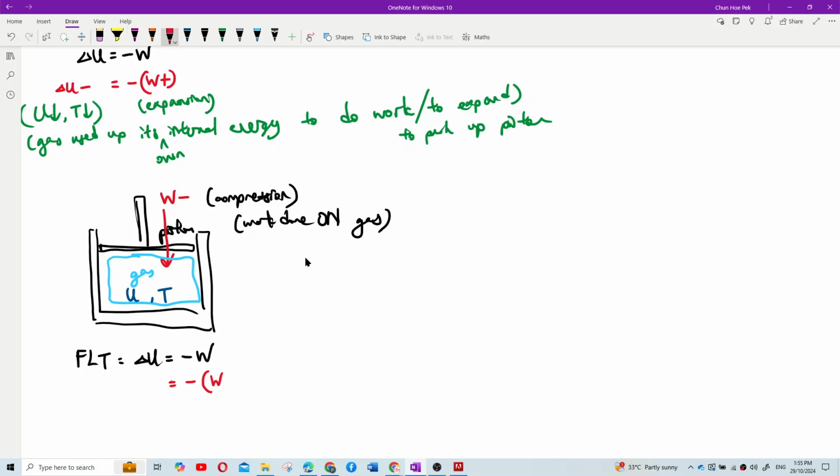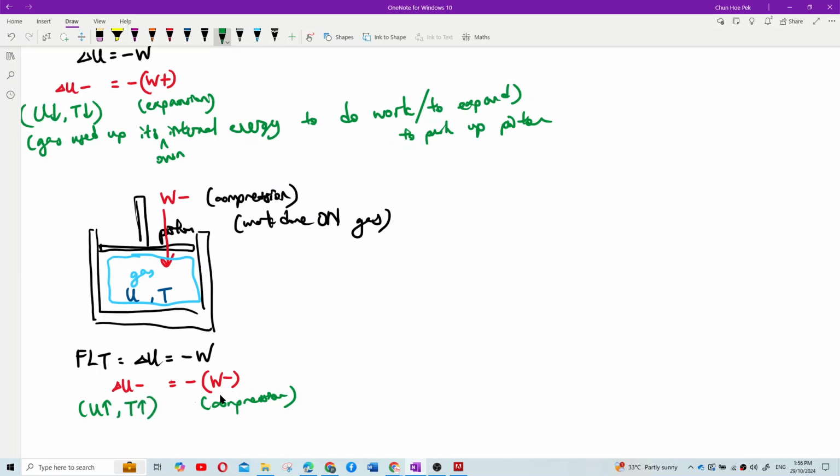W itu kan negatif, so negatif darab negatif dapatlah nilai positif. Delta U itu jadi positif. So ini kena compression. So bila gas kena compress, dia punya internal energy akan meningkat lah. Gas become hot.